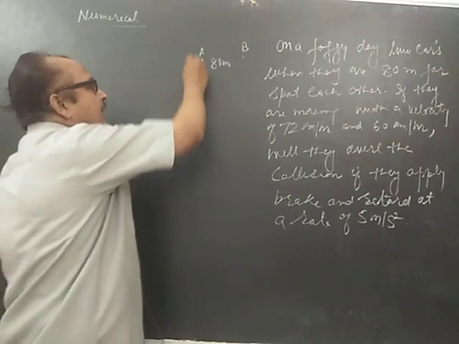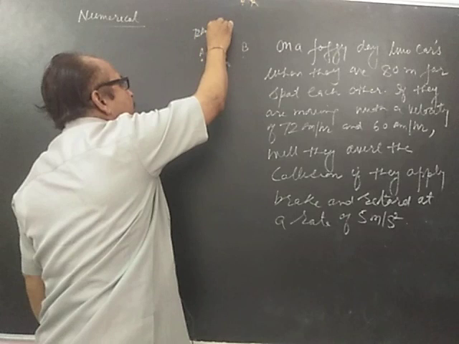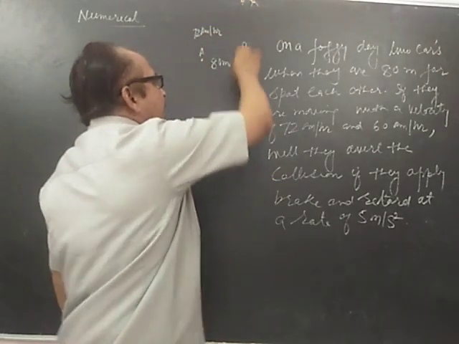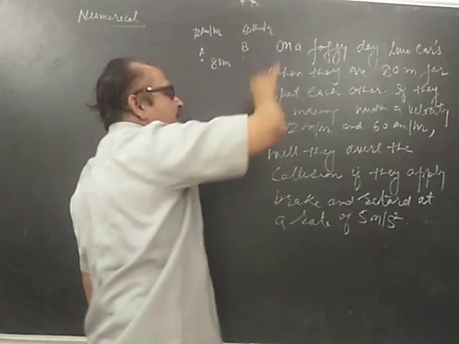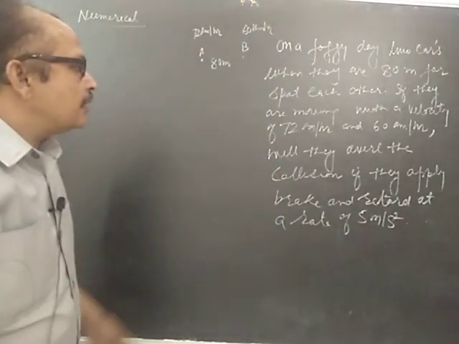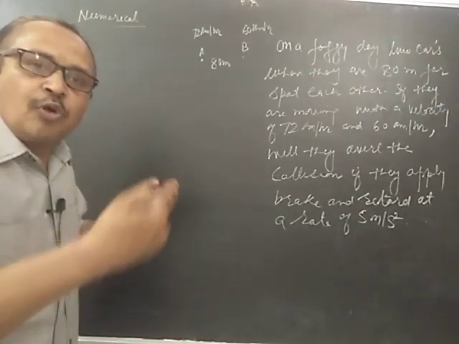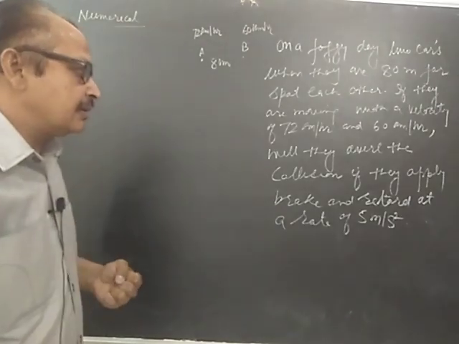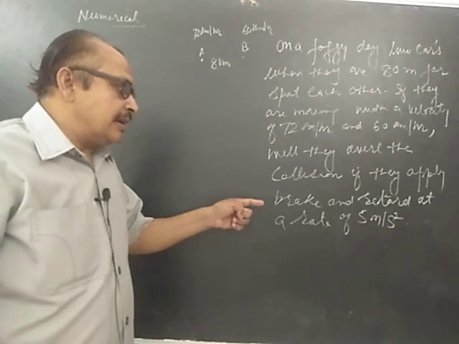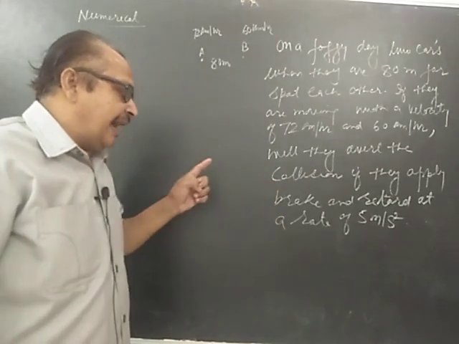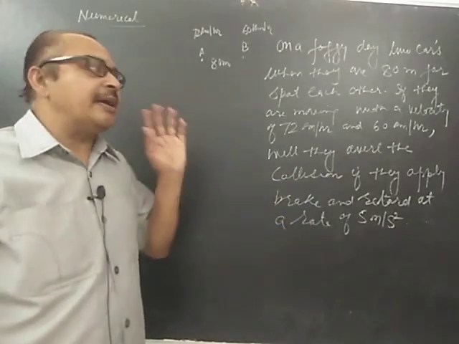They are moving at speeds of 72 kilometers per hour and 60 kilometers per hour respectively. Will they avert the collision, will they be saved from colliding, if they apply brakes and retard at a rate of 5 meters per second square?